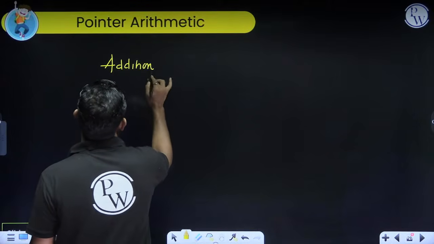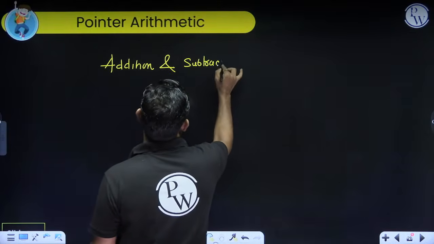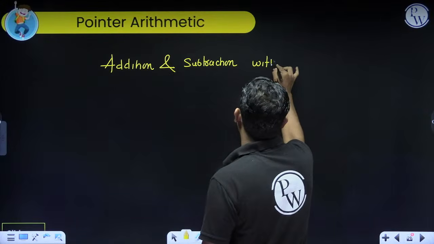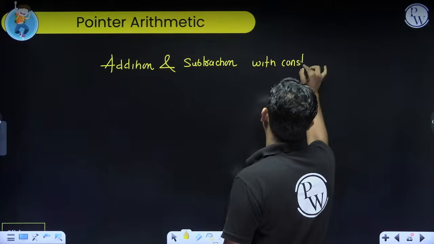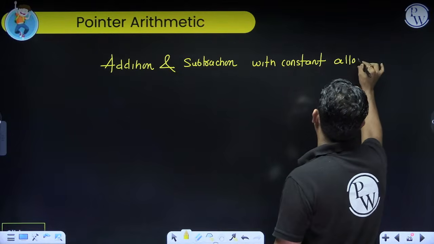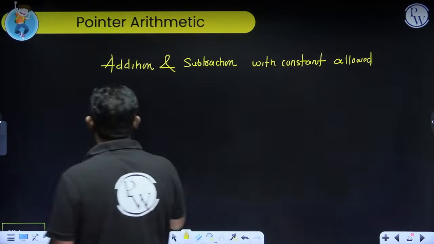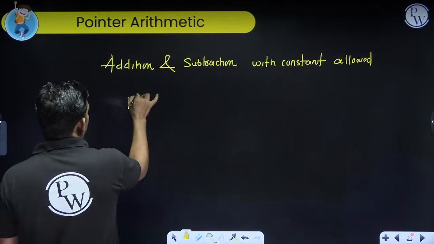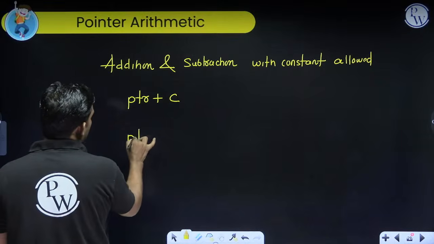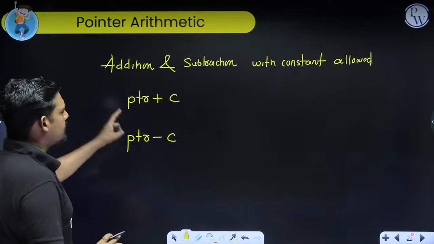If you have an integer pointer ptr, you can do ptr plus C and ptr minus C. This is allowed. C is a constant.